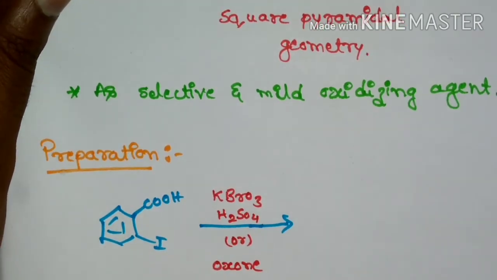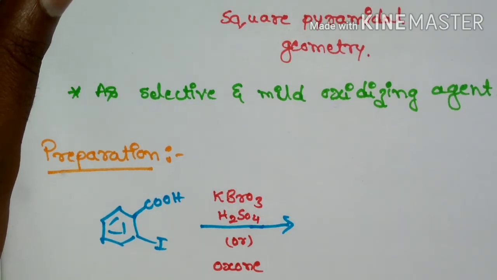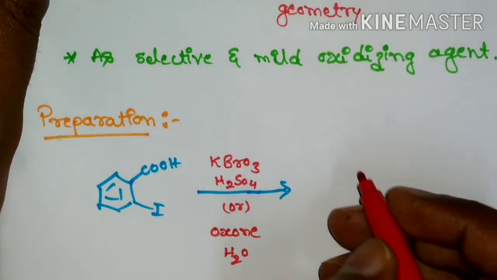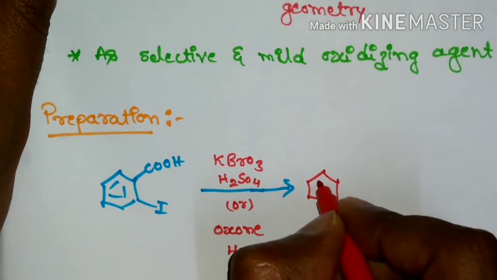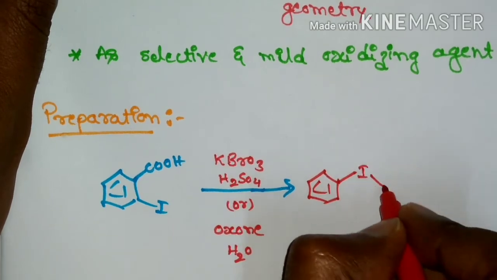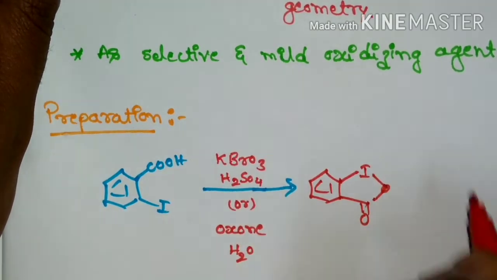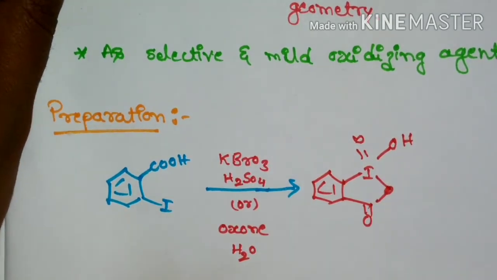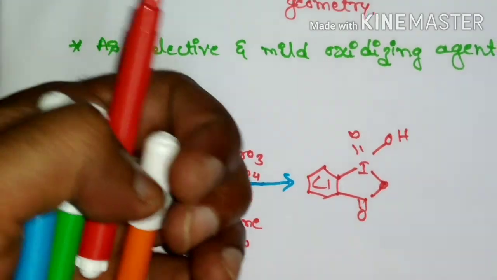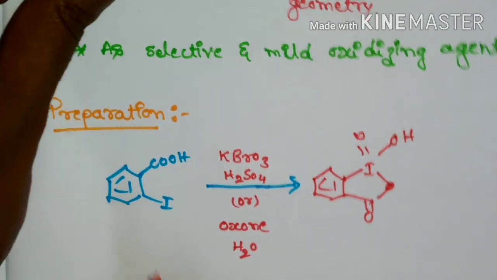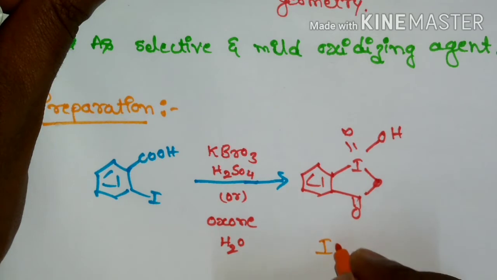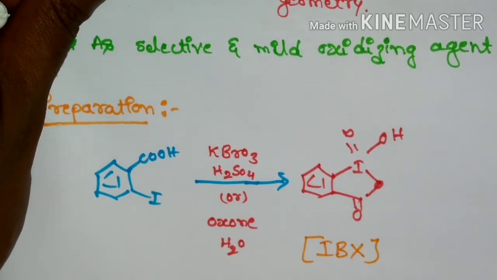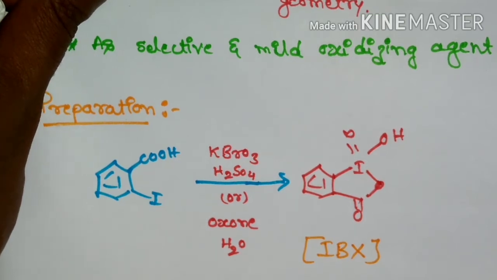Refluxing this iodobenzoic acid in the presence of potassium bromate and sulfuric acid, or Oxone in water, will give this intermediate product, which is nothing but iodoxybenzoic acid, treated as IBX. So it is also an oxidizing agent.